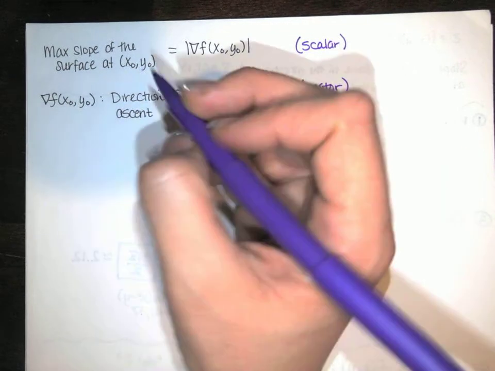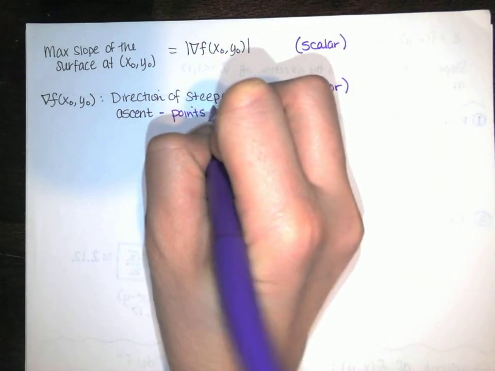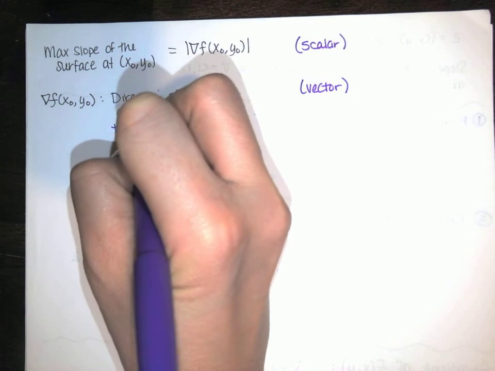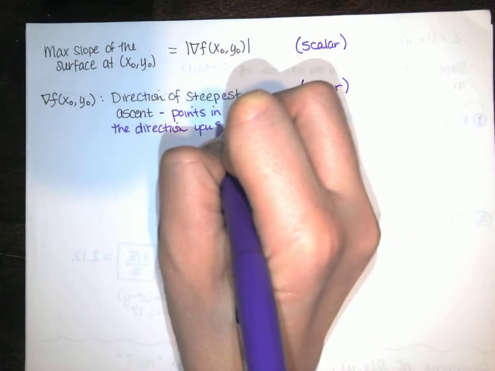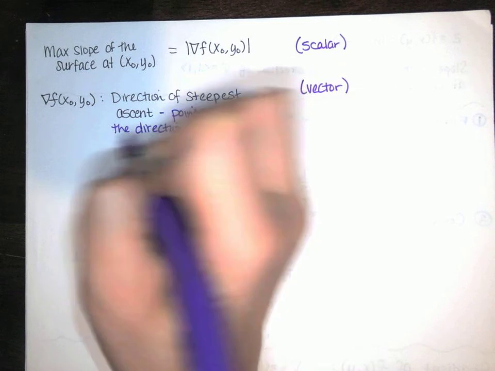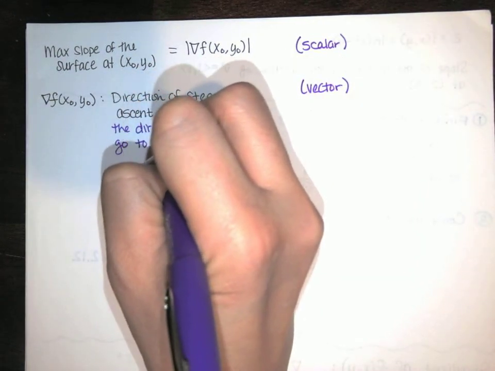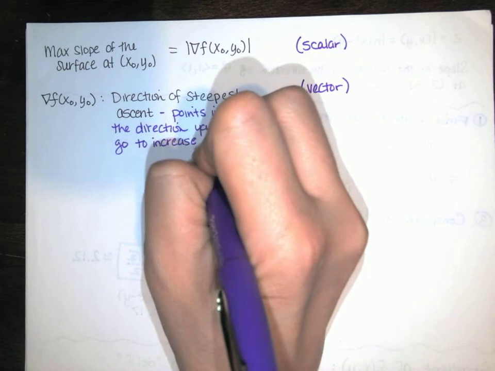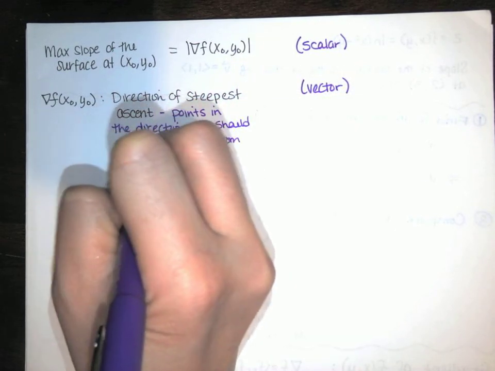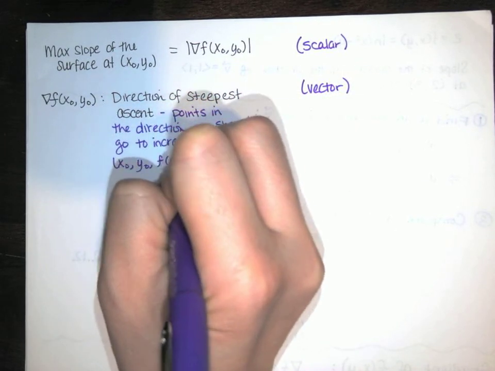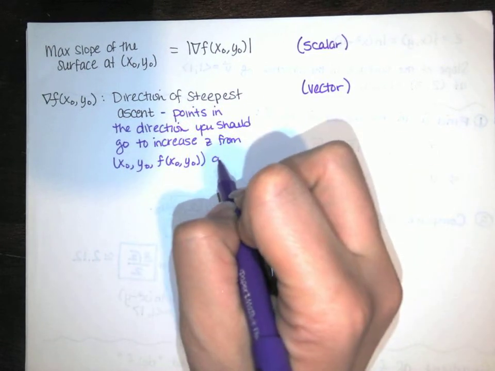The gradient points in the direction that you should go to increase z from your x naught, y naught, f of x naught, y naught, from that point in 3-dimensional space as much as possible.